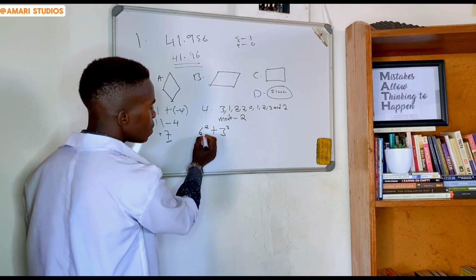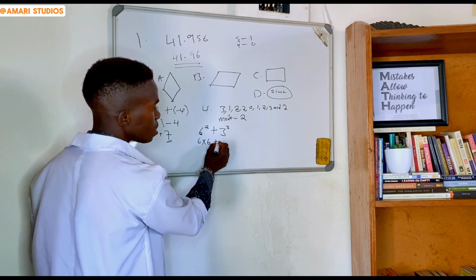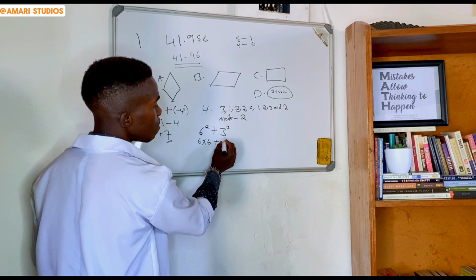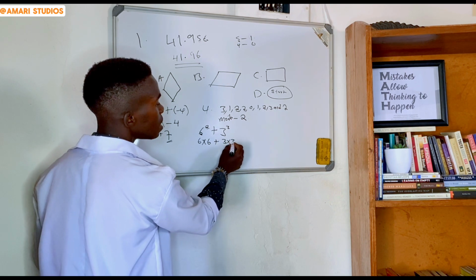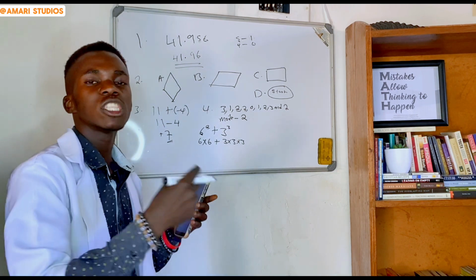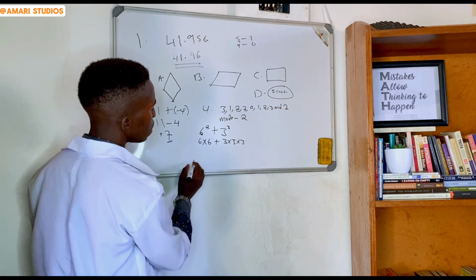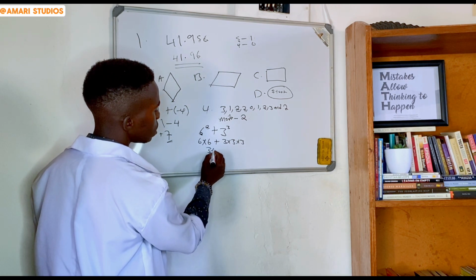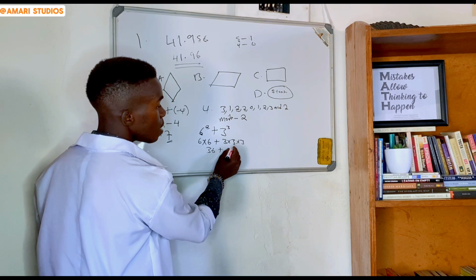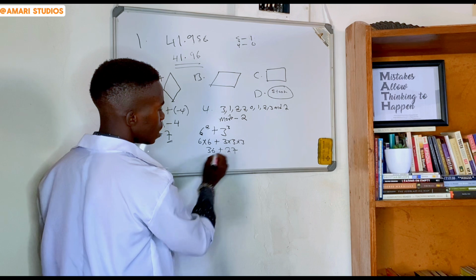So 6 to the power 2 is the same as 6 times 6, plus 3 to the power 3, which is the same as 3 times 3 times 3, because 3 was multiplying itself 3 times. So 6 times 6 gives us 36, plus 3 times 3 gives us 9, times another 3 gives us 27.